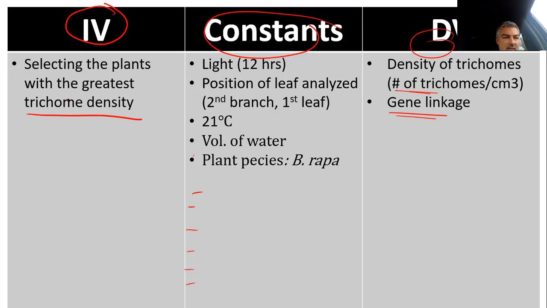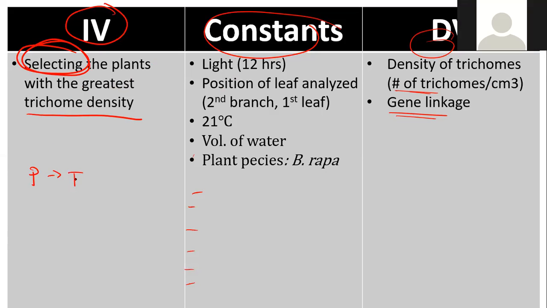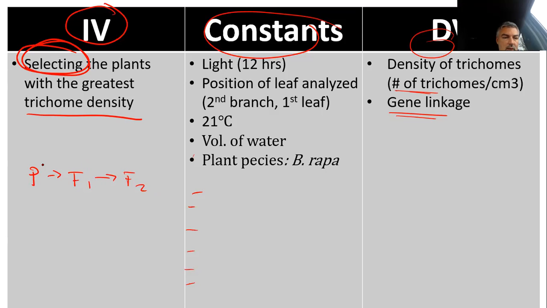So remember, our independent variable is selection, right? So which plants were not under selection? Remember, we had generations. We had the P generation that led us to our F1 generation, which led us to our F2 generation. Which plants were not under selection?